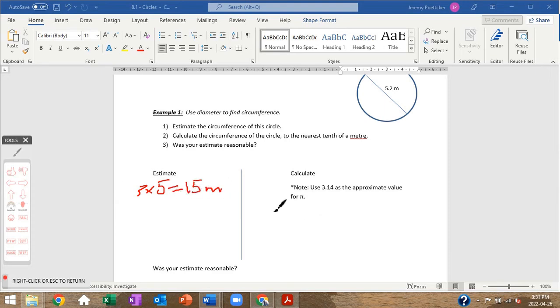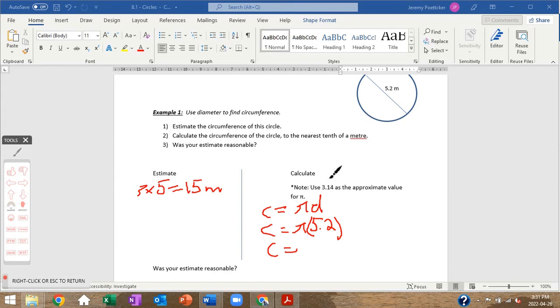All right, calculate. We're going to use the formula. C, circumference is equal to pi times the diameter. Circumference is equal to pi times 5.2. Circumference is equal to, and we can use 3.14 as the approximate value for pi. That is going to be good enough for anything that you do in junior high and even high school.